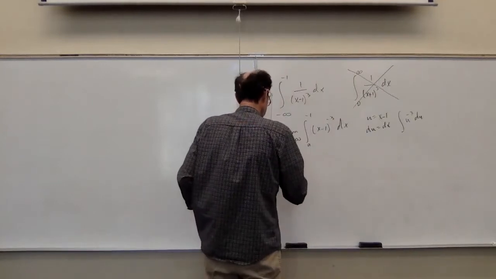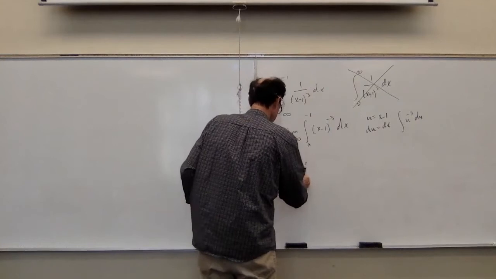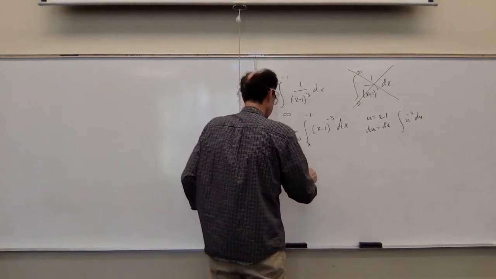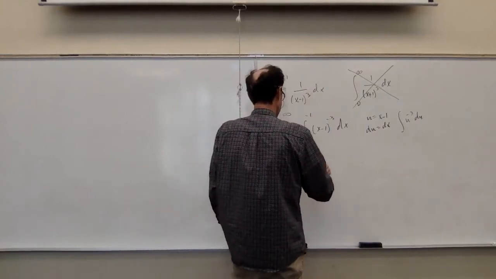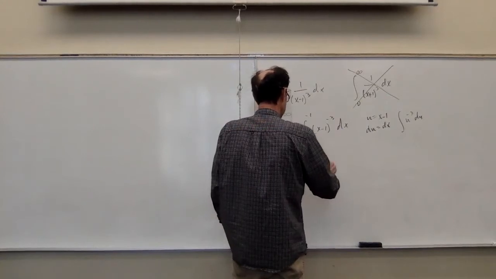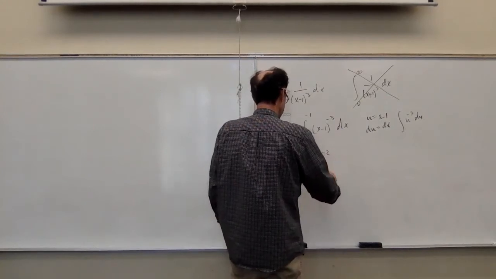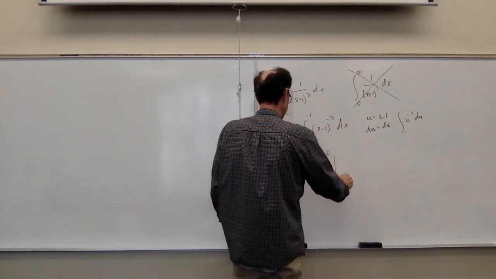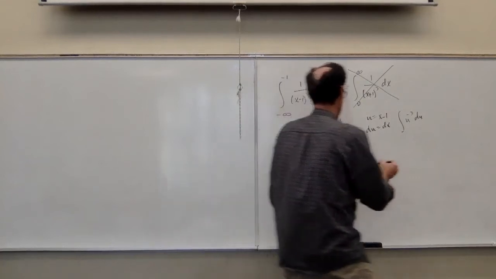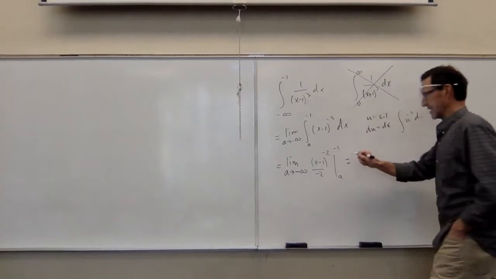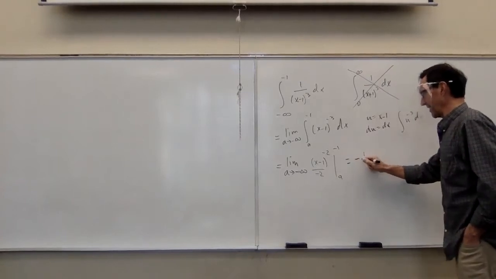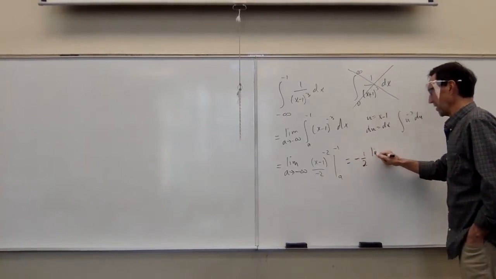So the limit as a goes to minus infinity of x minus 1 to the minus 2 divided by minus 2, and we will go from a to -1. Take that negative 1/2 out. I always do that.